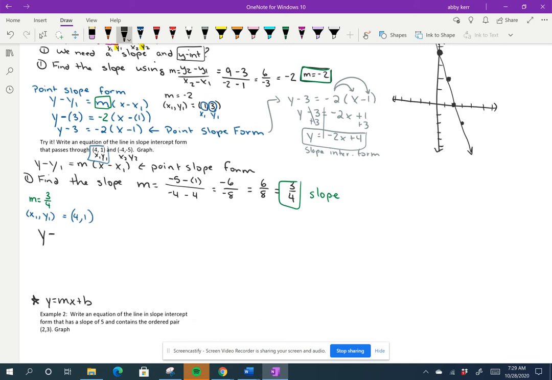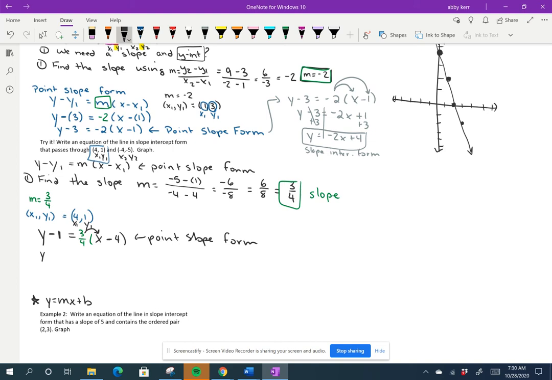So y minus our y1, which is 1, equals our m, which is 3 over 4, x minus our x1, which is 4. Now remember, this is called point slope. And we want it to be in slope-intercept form. So what we do is just simplify by distributing and solving for y, because slope-intercept form has y equals mx plus b.